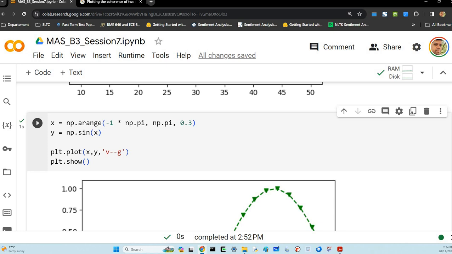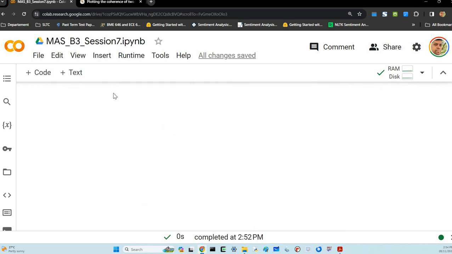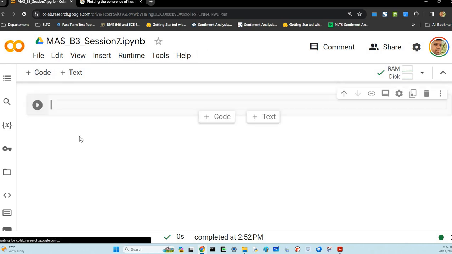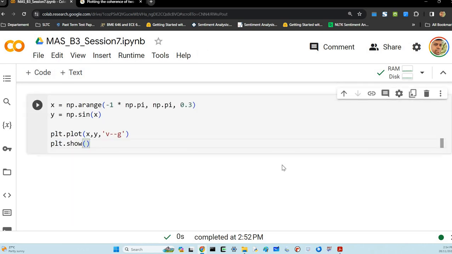Right. Can you copy paste the same code? I'm going to slightly update this and I will explain why I'm doing this. If you are drawing a simple one, you can use this form. But let's say you want to draw a little bit more complex one. Then we are going to use a slightly updated version of the code.